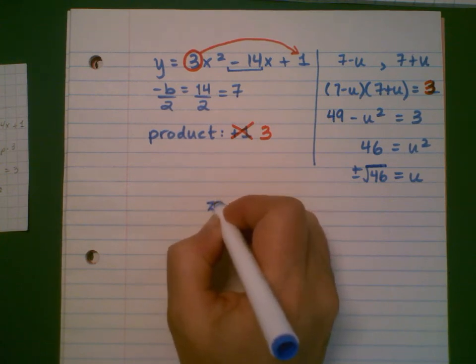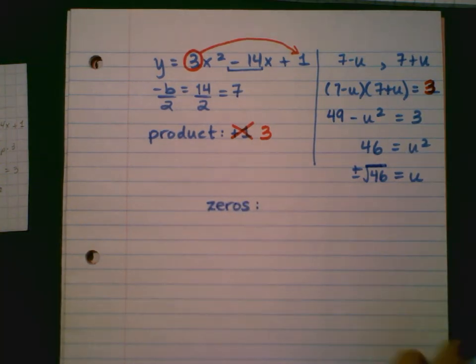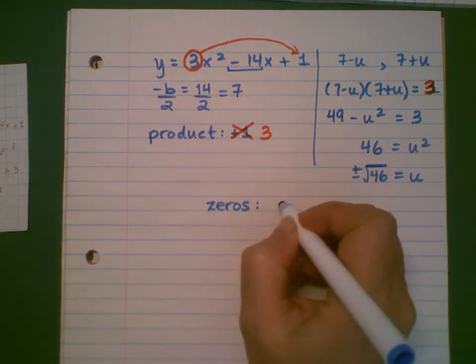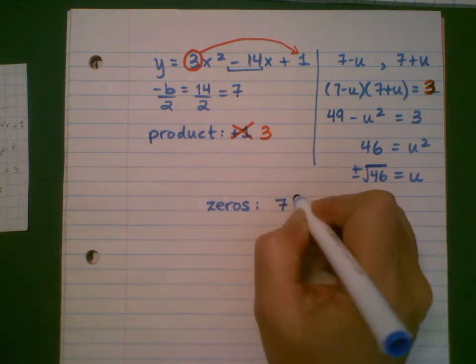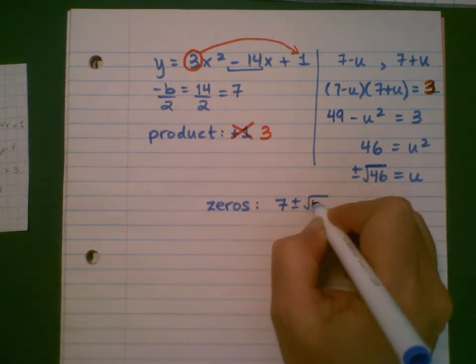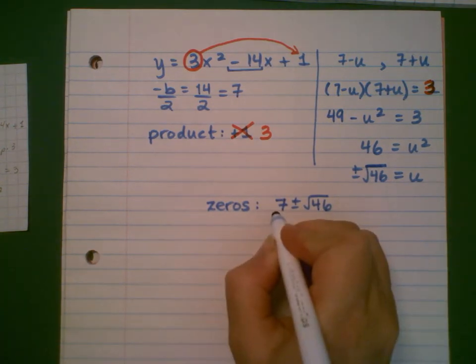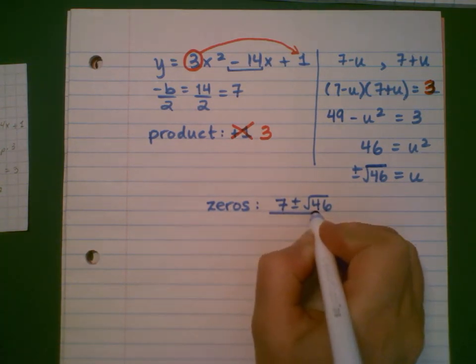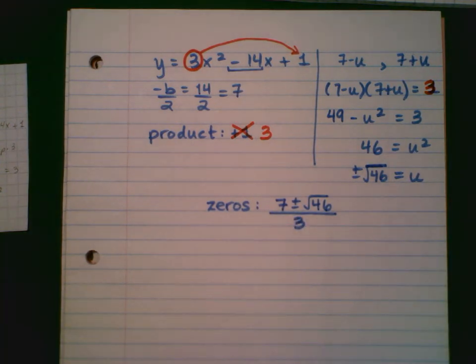So my zeros are going to be located at the value of 7 plus or minus root 46. And here's the second place where that 3 comes in. It's going to generate a division by 3.